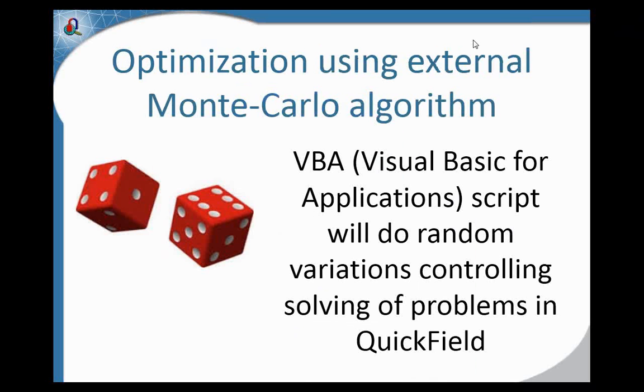But in addition to solving optimization problems using LabelMover and built-in optimization algorithms, there is also an opportunity for using external programs which interact with QuickField or LabelMover using application programming interfaces.